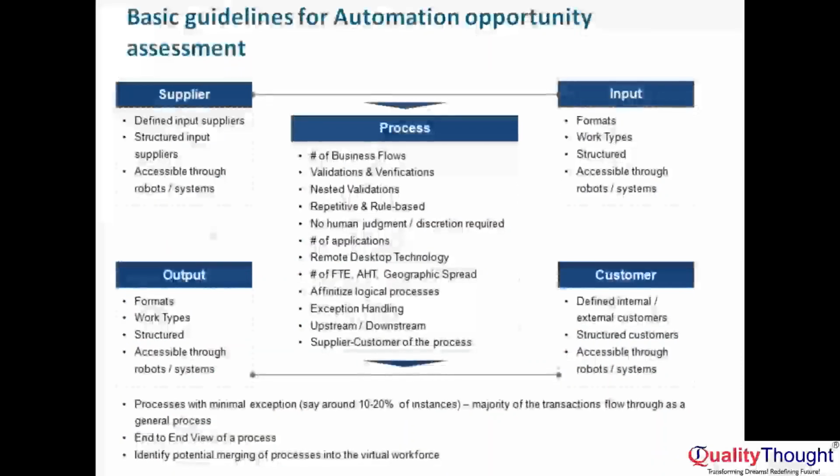How many applications are there? If you have more number of applications, then it is more complex. Then remote desktop technology: can your bot access the application directly? I mean, can your Blue Prism access it directly, or does it talk to remote desktop and then access it? So there will be two types of connectivity. For example, if I want to open my company mailbox, I will log into Windows and open it.